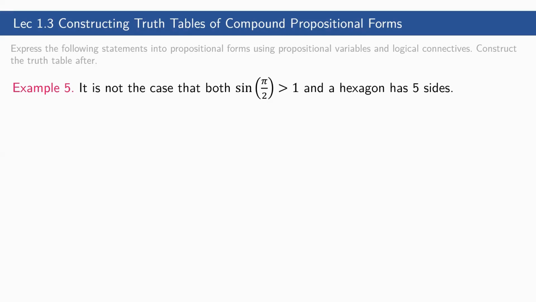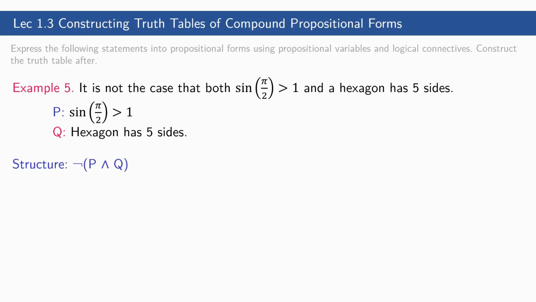So meaning to say, we are trying to negate a conjunction here. First, let us have the representation. P, sine pi over 2 is greater than 1, and then our Q, hexagon has 5 sides. Again, we are negating a conjunction, so it means that the structure will be not (P and Q).